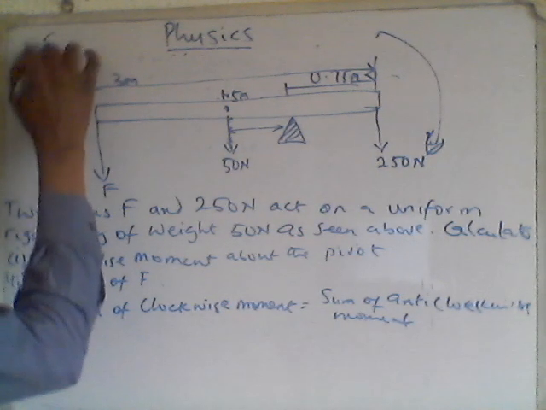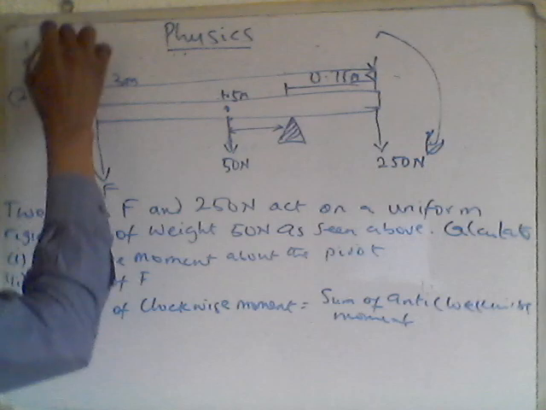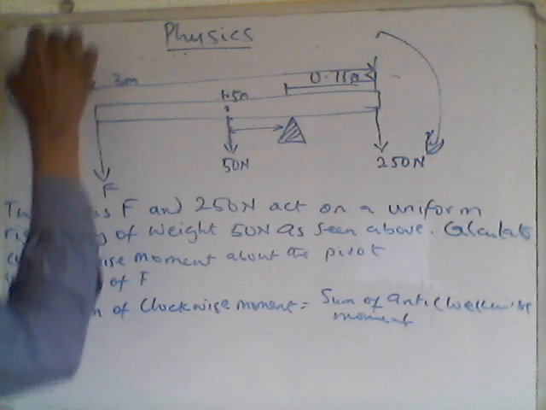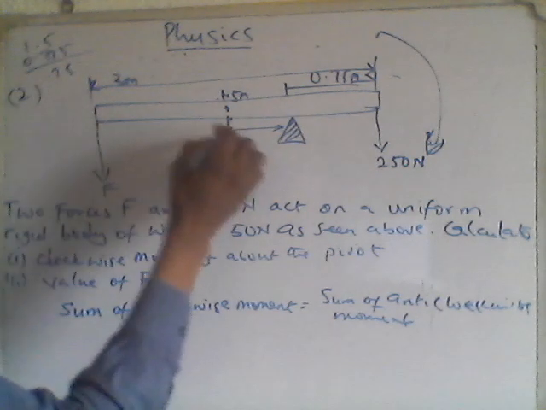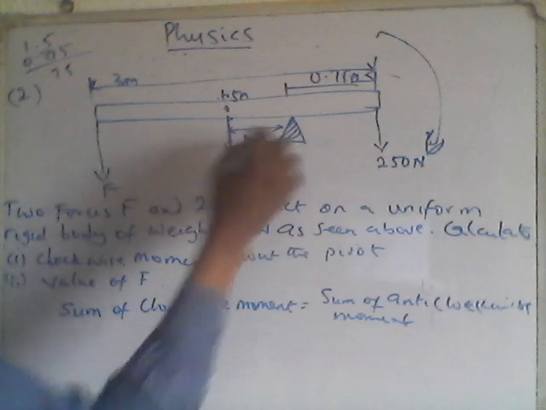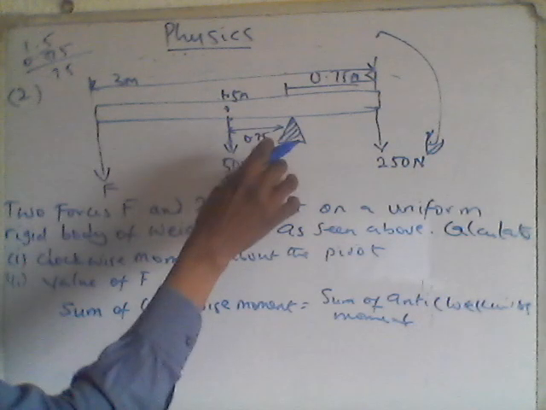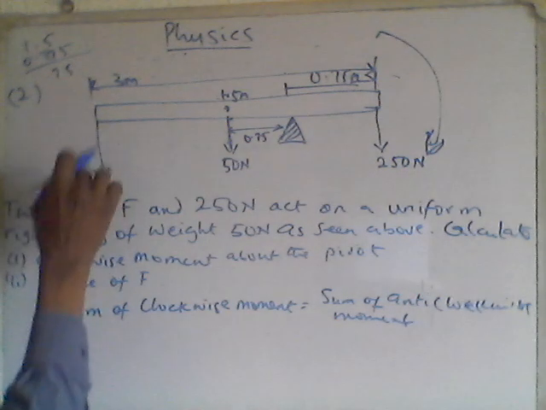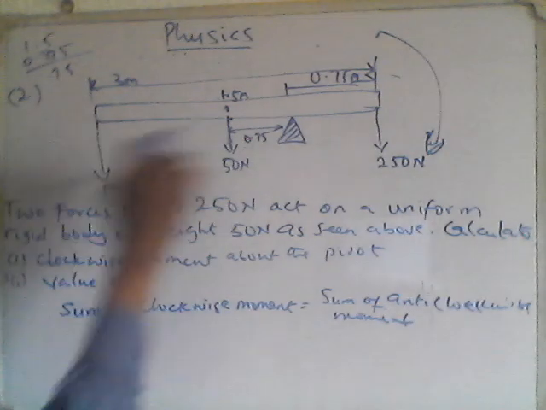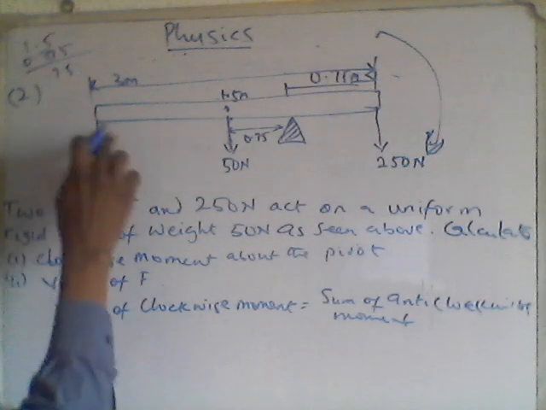I'm trying to get the difference. So the distance between here and here is 0.75, right? So I can get this moment, and I can also get this moment.